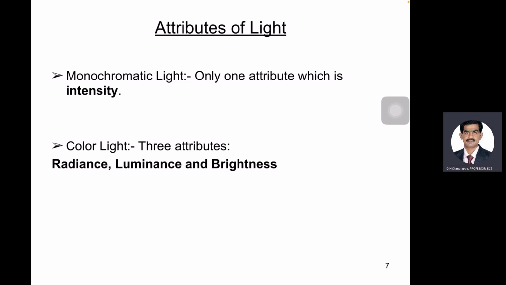Then for color light, we have 3 attributes: radiance, luminance, and brightness. So here we look into some of the primary and secondary colors.